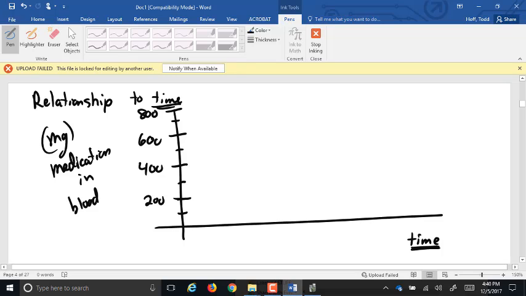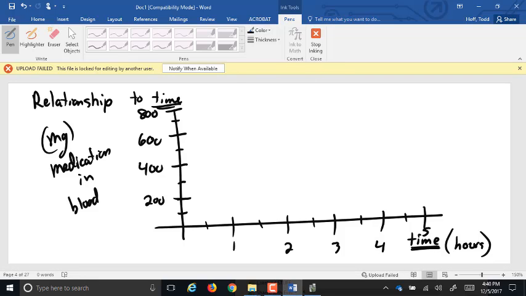And this over here are time in hours. Notice the scales are not the same here. On the left side, each mark stands for 100 milligrams. On the bottom, each mark is a half hour.